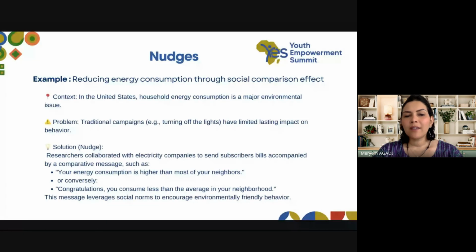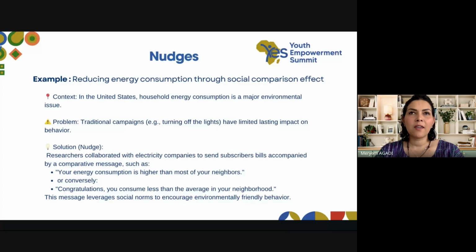So the solution: researchers collaborated with electricity companies to send subscribers bills accompanied by a comparative message, such as, your energy consumption is higher than most of your neighbors. Or, congratulations, you consume less than the average in your neighborhood.